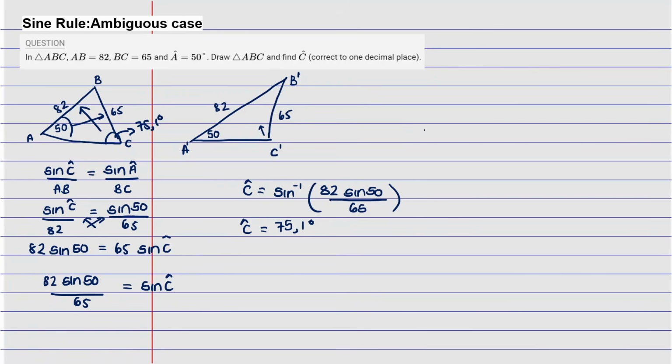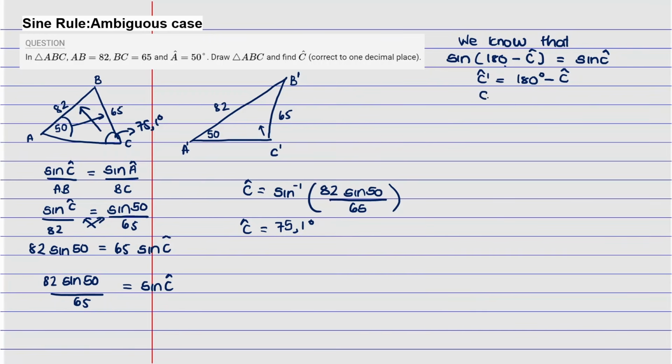So we're not going to do the calculations. What do we know about the relationship? We know that sine of 180 degrees minus C is basically equal to sine C. If that's the case, that means angle C prime is going to be equal to 180 degrees minus angle C. I just wanted to show you that if we want this angle, it's basically 180 minus this angle.